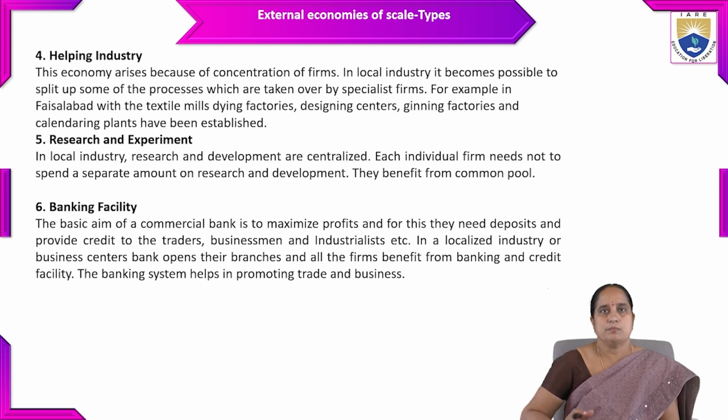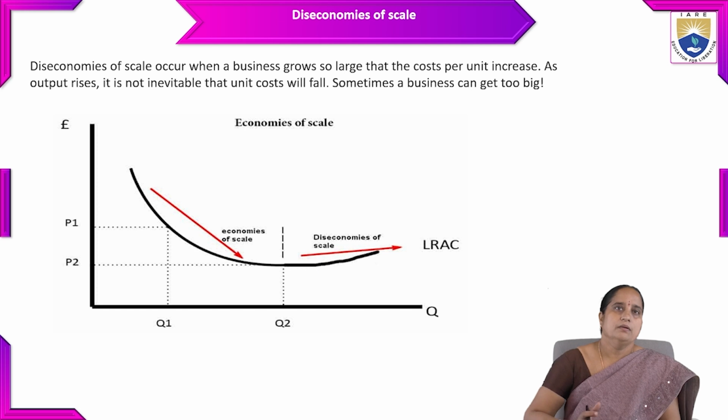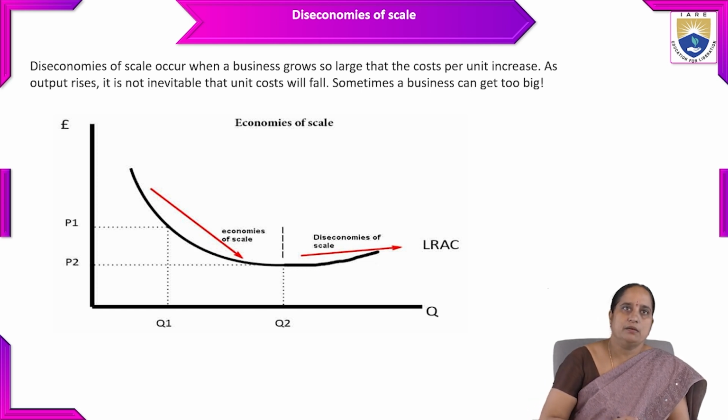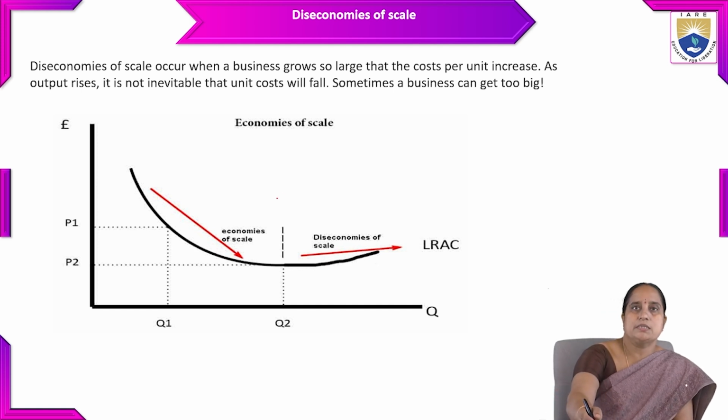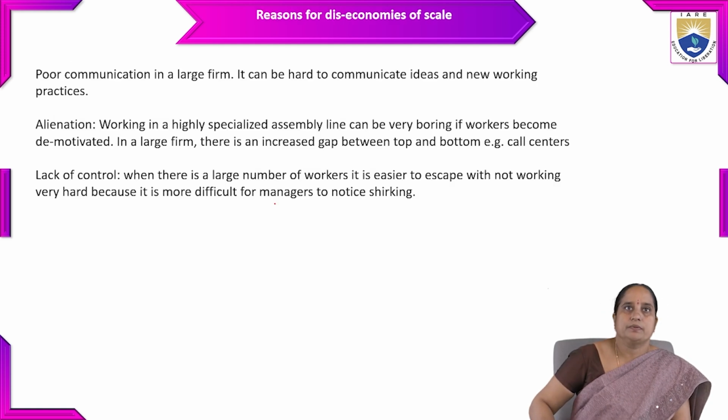The banking system helps in promoting trade and business. Then coming to diseconomies of scale. Diseconomies of scale occur when a business grows so large that the cost per unit increases. As output rises, it is not inevitable that unit cost will fall. So sometimes a business can get too big. So that we can see in this particular graph.